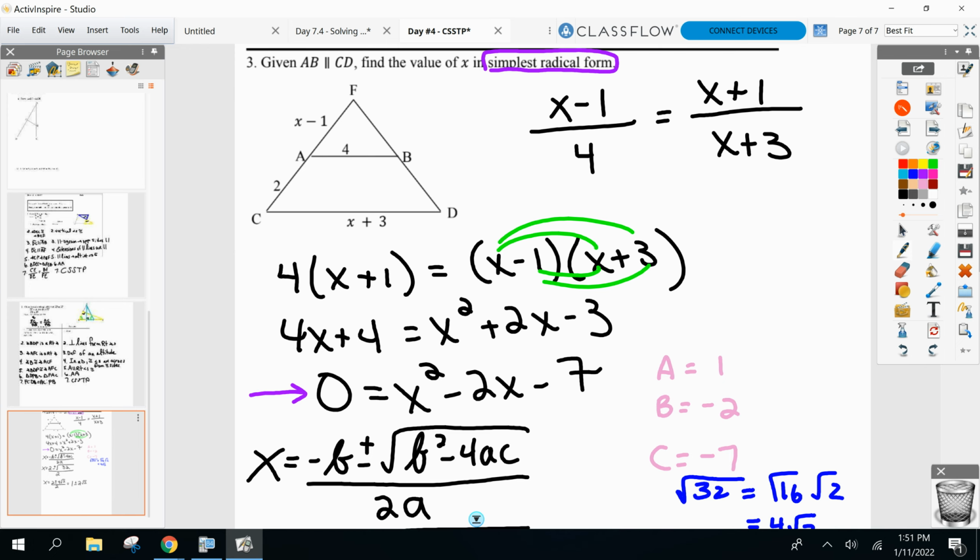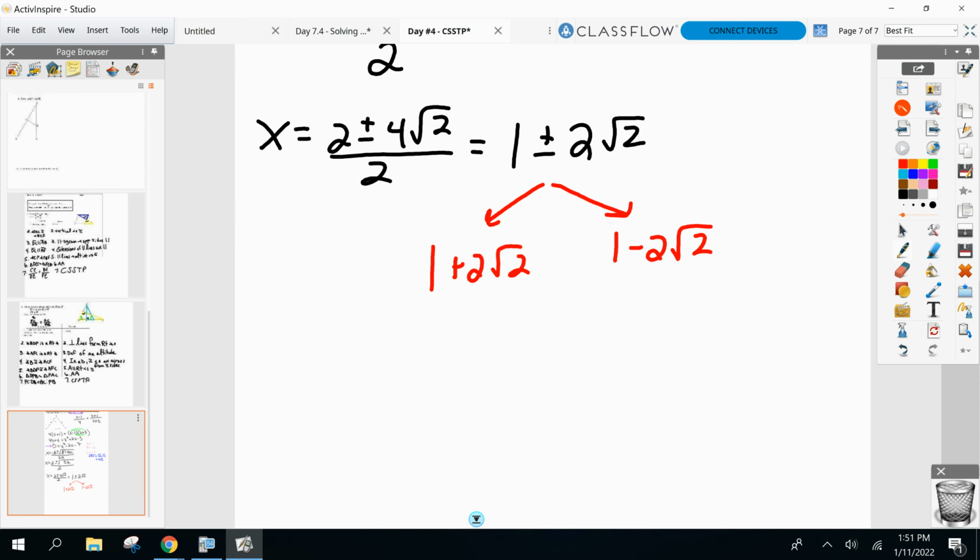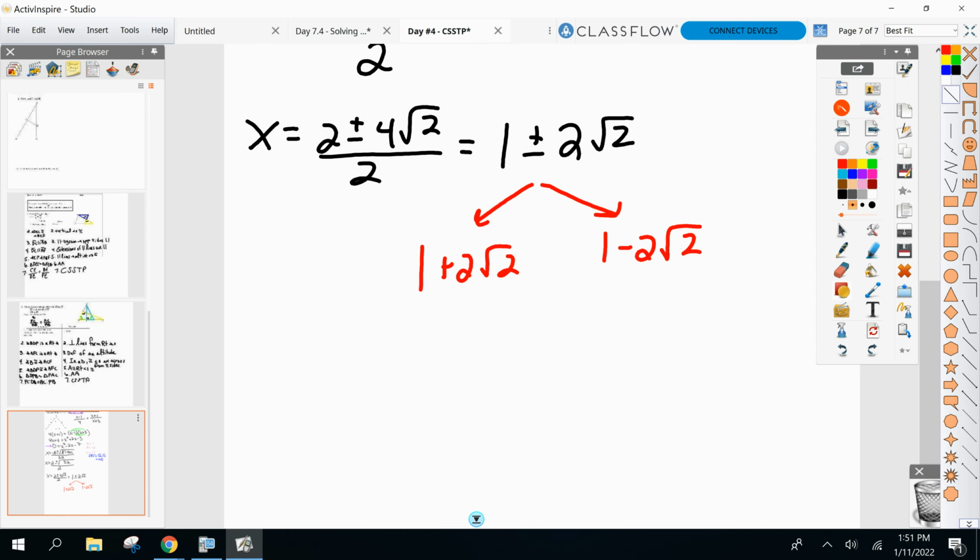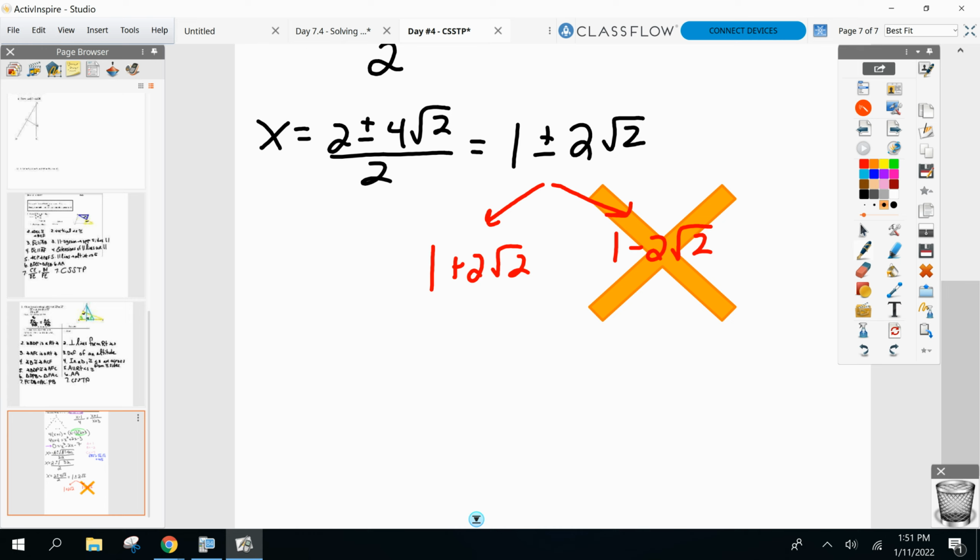So even with quadratic formula, I may probably have to reject an answer, which happens here. This version gives me a negative side, so it's gone. So I'm only left with 1 plus 2 radical 2. So even with quadratic formula, you might have to reject an answer.